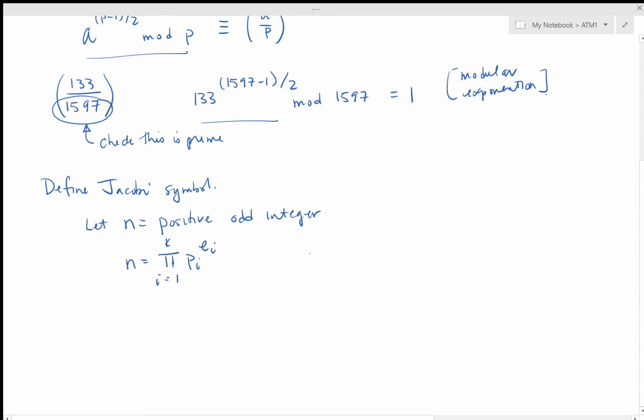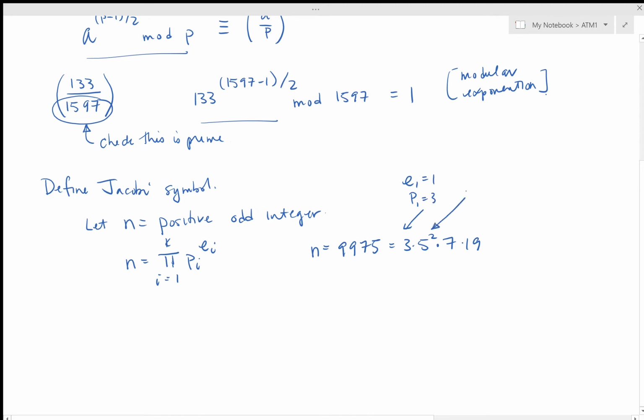For example, let n be equal to 9975. Then I would factor that, and I would get 3 times 5 squared times 7 times 19. So P1 is 3 and E1 is equal to 1.